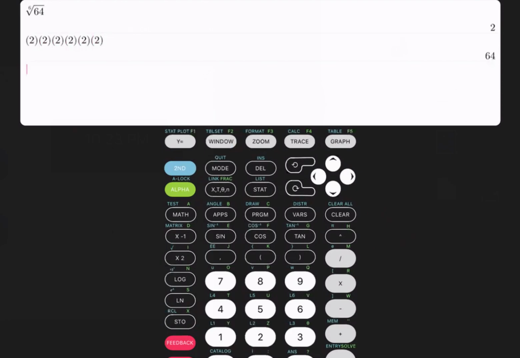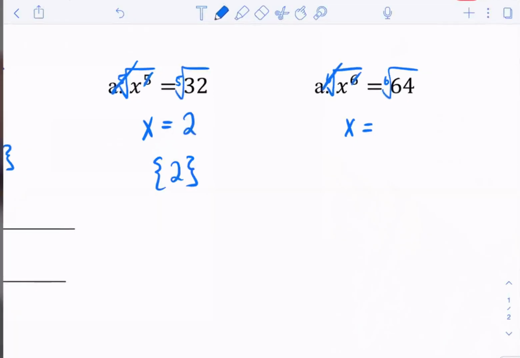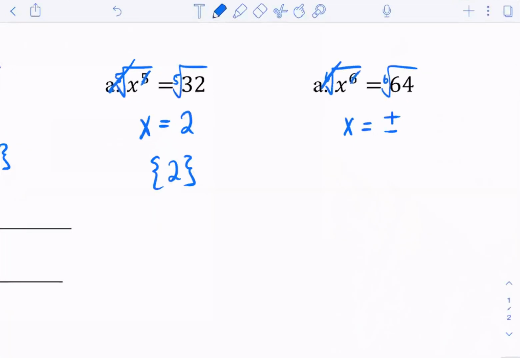Good. Now let me try -2: 1, 2, 3, 4, 5, 6. Wow, it also gave us a positive 64. So this works for both positive and negative too.